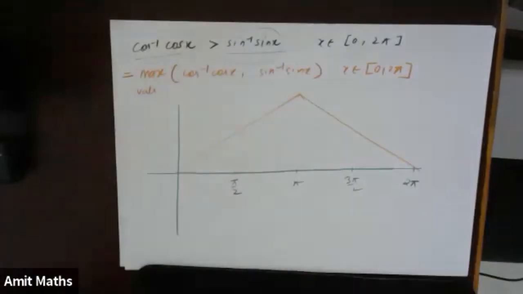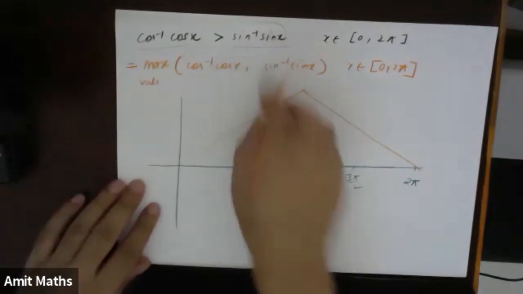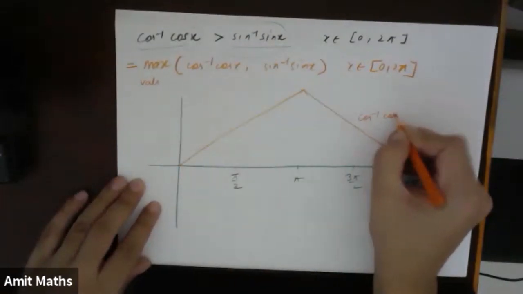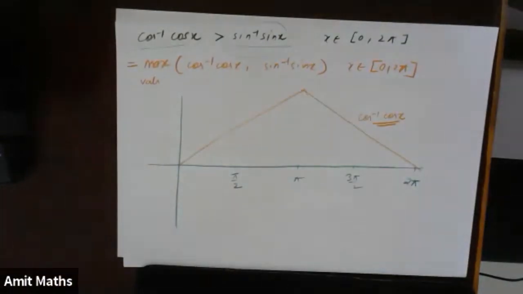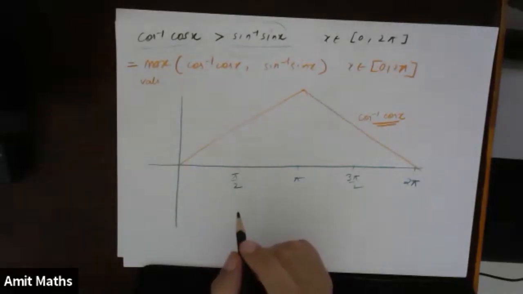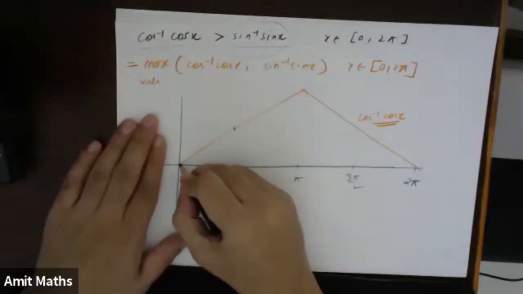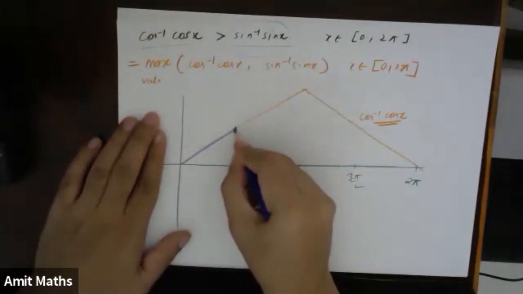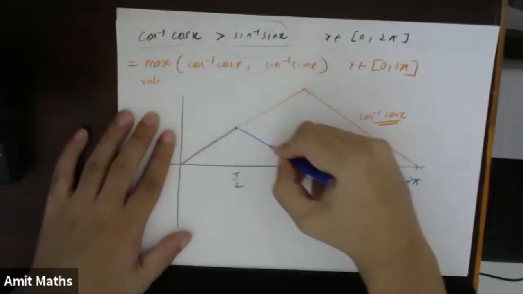Yes, this was cos inverse of cos x. If you remember, we have drawn this graph. And if I draw the graph of sine inverse of sine x, it will come till pi by 2, and then it will come down and cross through pi.